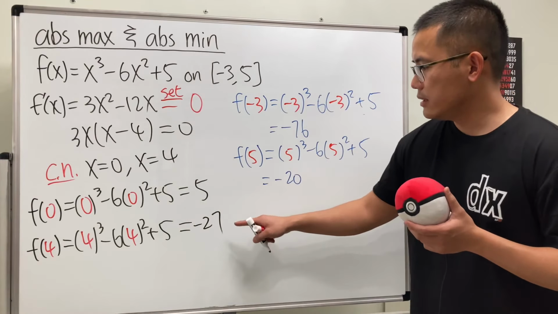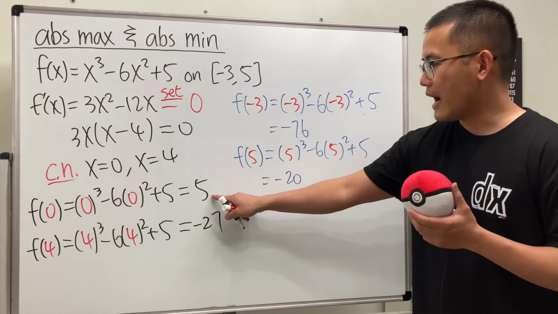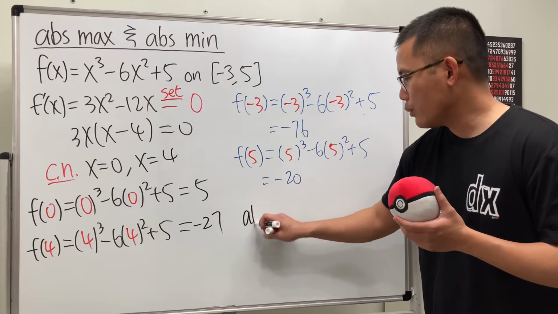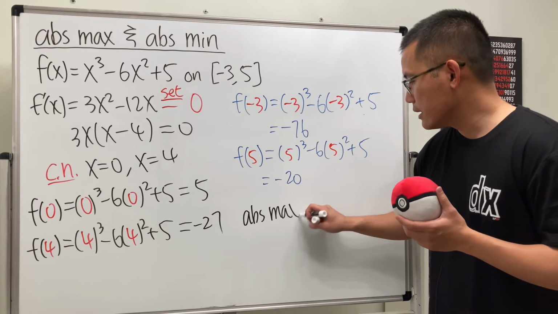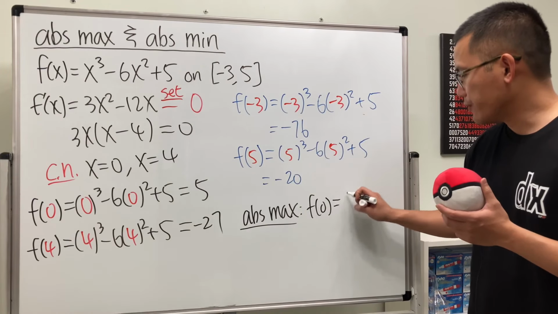Now let's see the smallest. Okay, the biggest is 5 among all of these, so we know that will be the absolute max. And let's just write it as f of 0 is equal to 5.